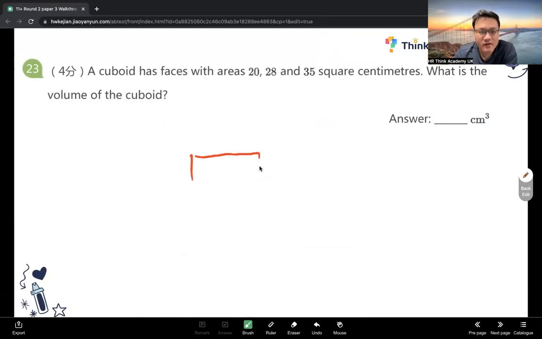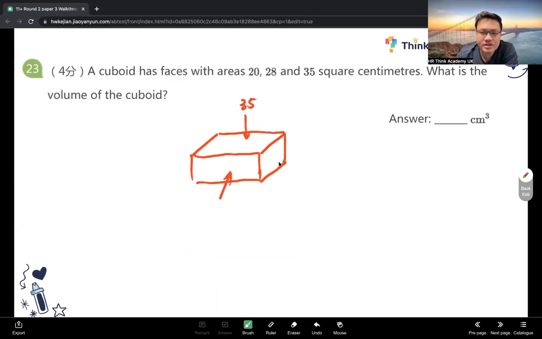Guys, for such kind of question, the thing is that you need to find the length, the height, and the width of this cuboid. So that way you can get the volume, right? And let's see, the top face, the area is 35.